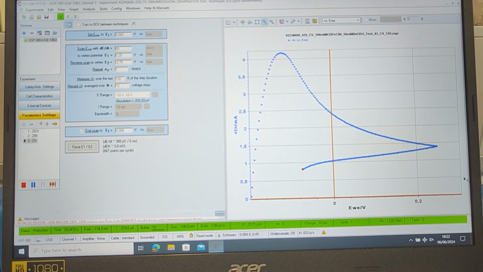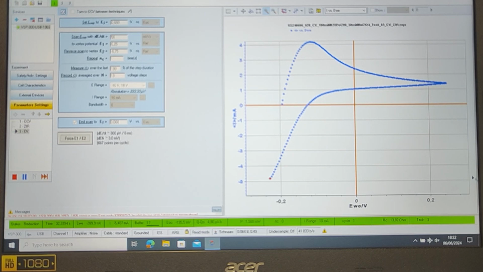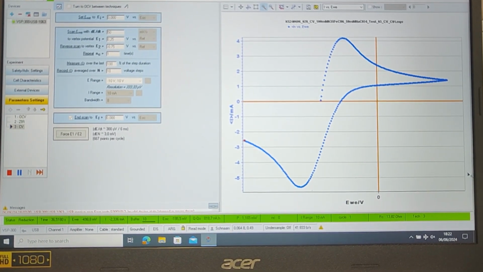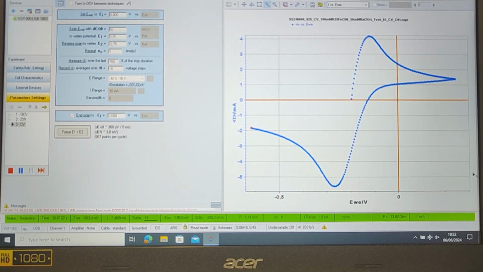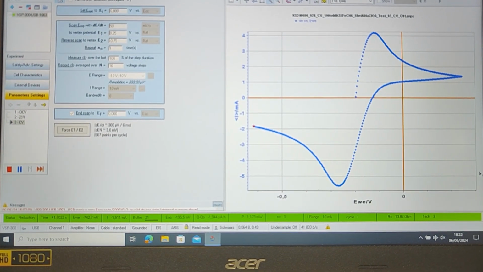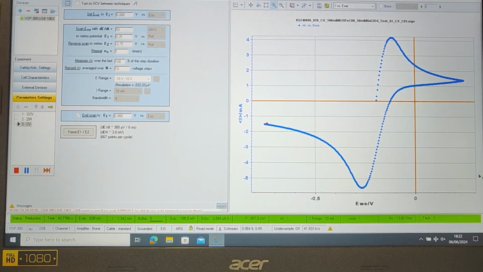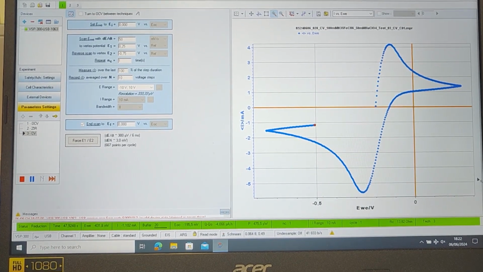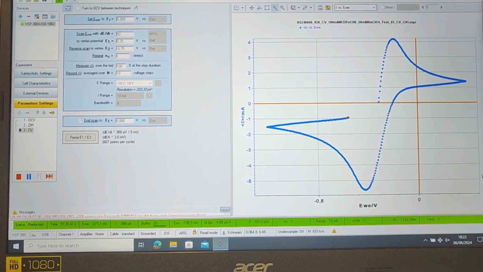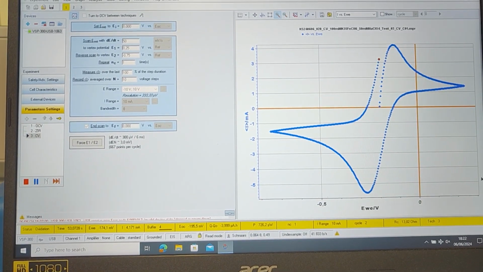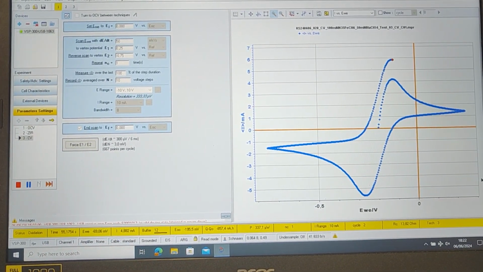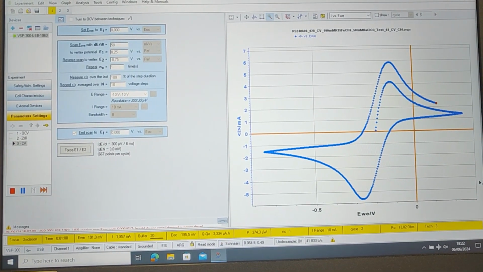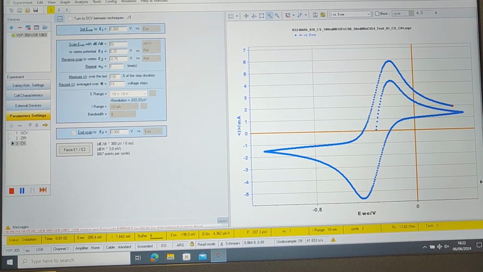At the forward reverse potential, we enter the reverse scan, where we then see that in a similar manner the current declines steeply, peaks, and then rises slowly again. At the negative reverse potential of minus 750 millivolts, we then enter again the forward scan, and the whole cyclic voltammogram repeats. Again, we see the rise in the current, peak, and the decline.